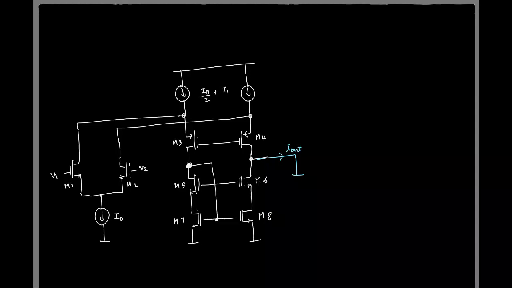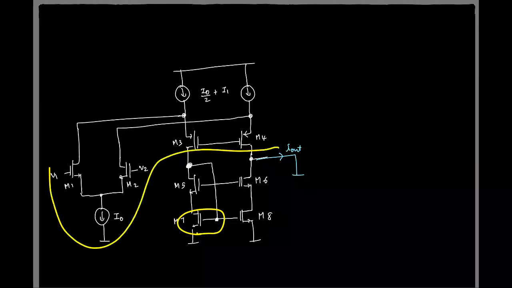We'll quickly reuse the results we have derived. This drain is short, and what is the impedance looking here? It will be 1 by GM of this transistor, 1 by GM7, so that's roughly a low impedance.